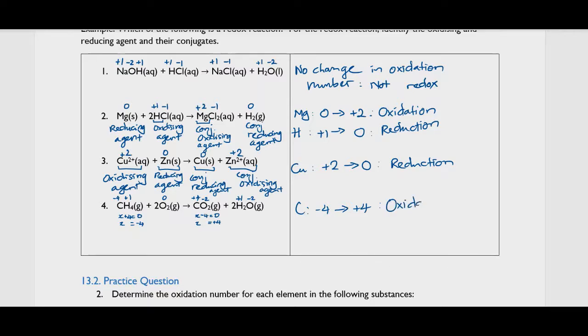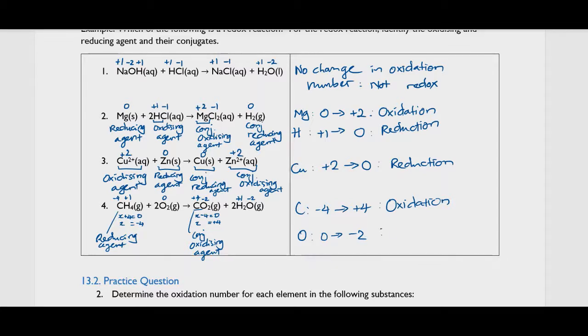There is an increase in oxidation number for carbon, so it's oxidation, which means that the carbon in CH4 is the reducing agent, and CO2, which also contains carbon, is the conjugate oxidizing agent. Oxygen has gone from 0 in O2 to -2 in H2O.